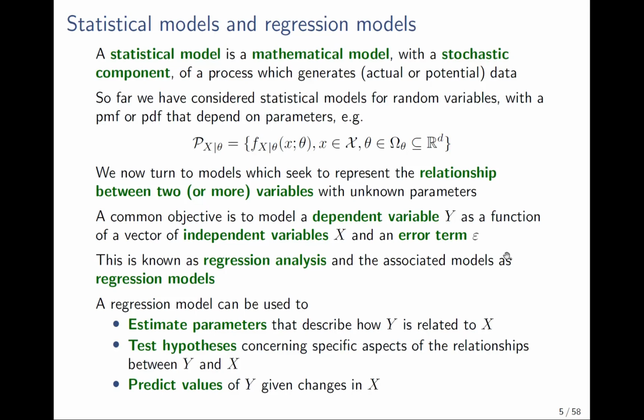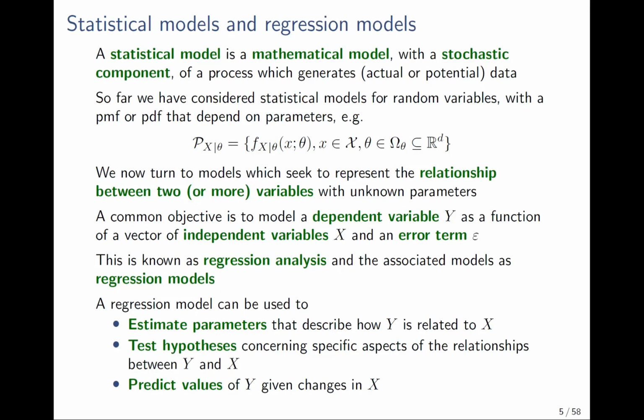And of course an error term, because we are being stochastic about it, so there's a stochastic component to our models. And models of this type are known as regression models, and this process of modelling a dependent variable in relation to a set of independent variables is known as regression analysis.